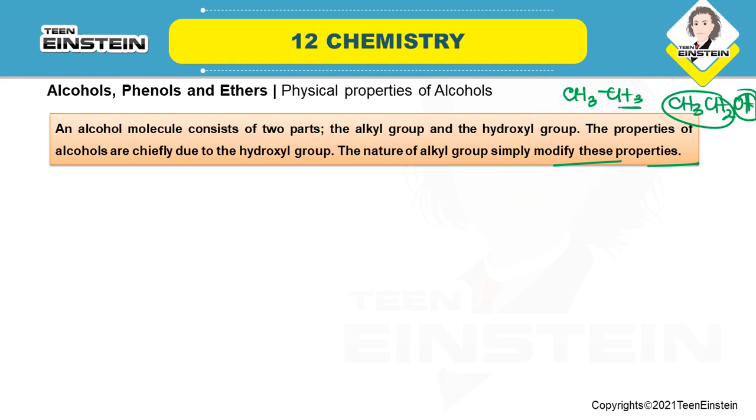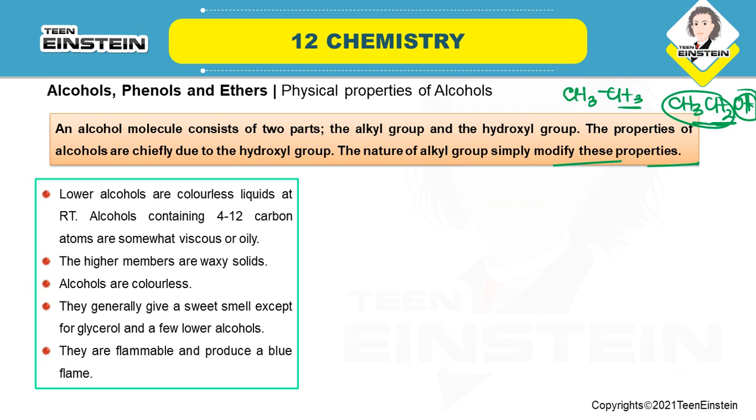It is not that alkyl groups have no effect. Obviously they have an effect, but it is a simple modification. The main properties are because of OH. But suppose this alkyl group is a very long chain or a very short chain, or there may be some branching, or it may be a simple chain, so different possibilities are there, and all these differences or variety in the chain will also modify the properties of the OH group.